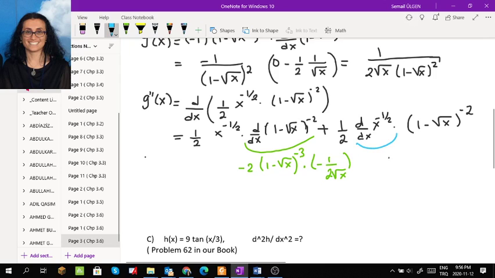Okay, for this one, we have negative 1 over 2, decrease the power by 1, you get negative 3 over 2. So we want to write down our answer. Let's see whether we can write this.